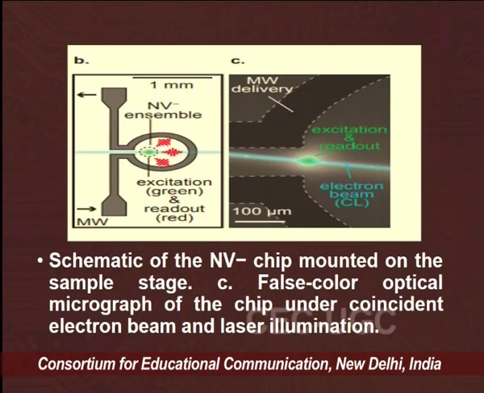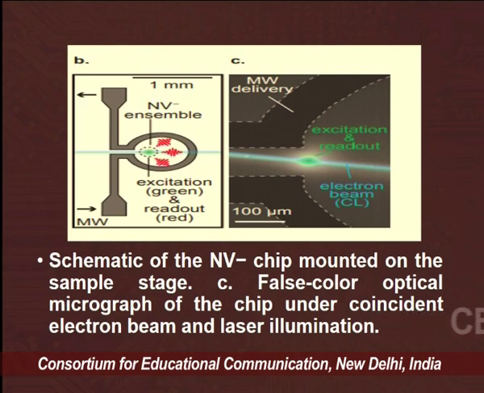Here we have an omega shaped wire, you can see it easily, and here is the NV chip mounted on the sample stage. In between is the NV ensemble, and we have the excitation with the green light and the readout in the red light.